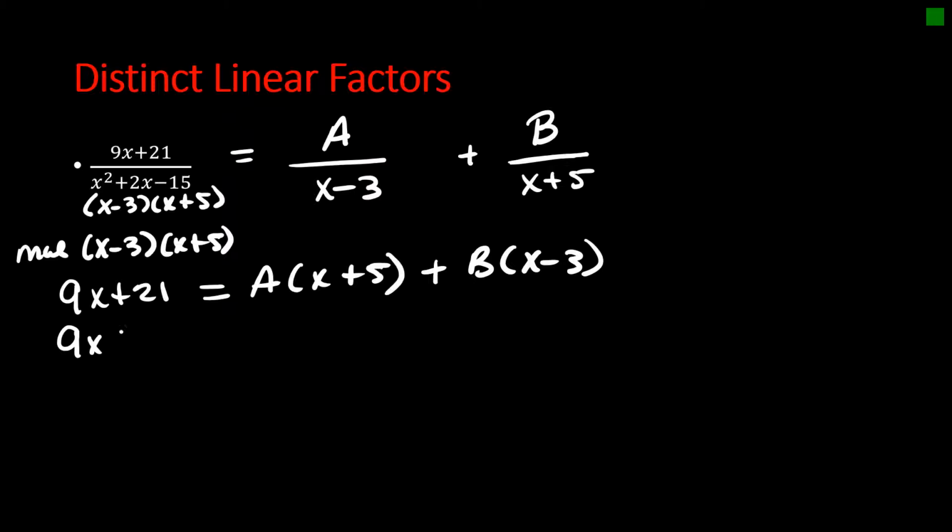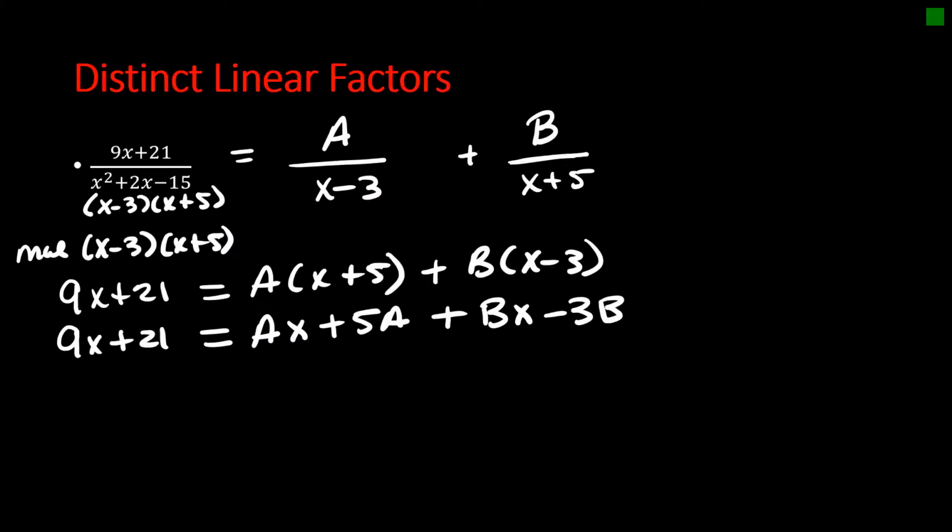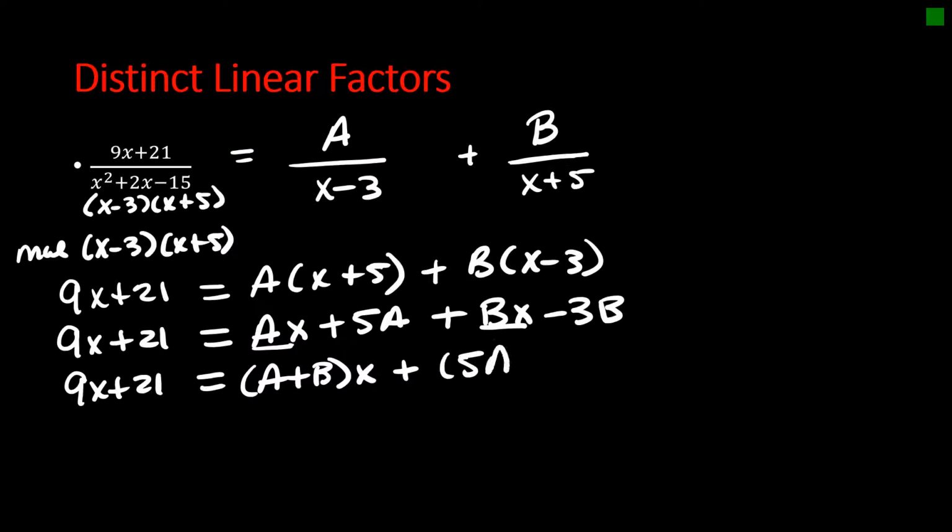Now, let's collect like terms on that right-hand side. If we distribute, we get Ax plus 5A plus Bx minus 3B. So I have Ax plus Bx, which is (A plus B)x. Then I have a constant of 5A minus 3B.